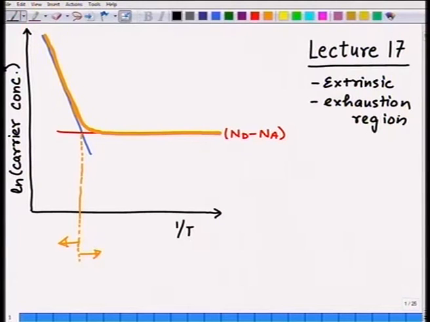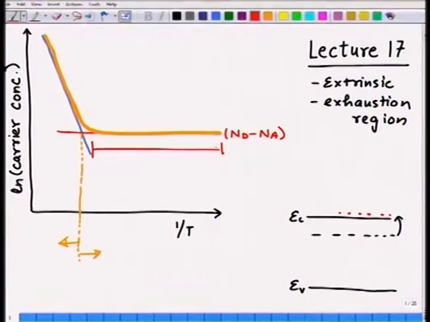It owes its name to the fact that if we have EC, EV and some dopant level, then all the carriers which were at this level have also gone to the conduction band, and hence there cannot be any more carriers, and the number of carriers has become saturated. It is in this region, this exhaustion region, that we use these semiconductors.